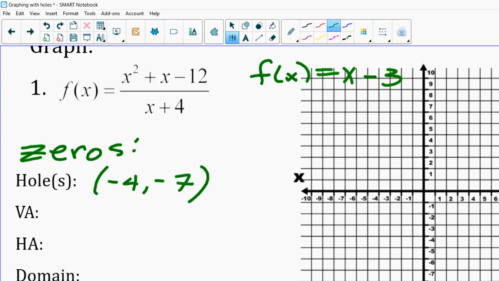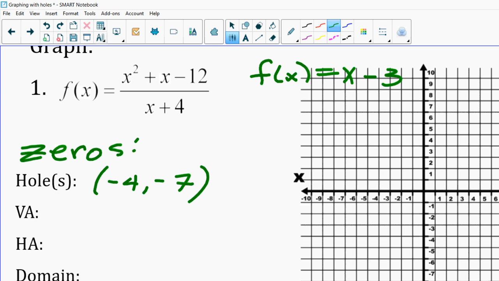To find these things, I'm going to look at what I've got left, okay? Zeros. Do you remember how to find zeros? 3 is one of them. One of them? How many times does that graph cross the x-axis? Just one time.